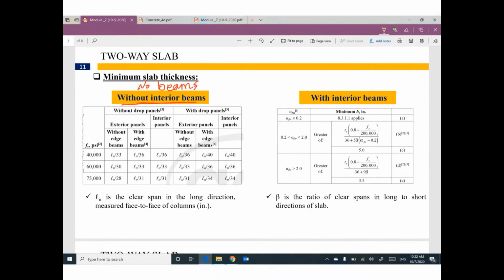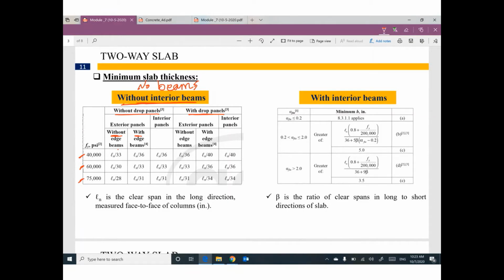Based on the type of steel, if your steel is 40,000 fy, 60,000, or high strength steel 75,000, I can select which condition. If you have drop panel or if you don't have drop panel, if you have edge beams, without or with edge beams.